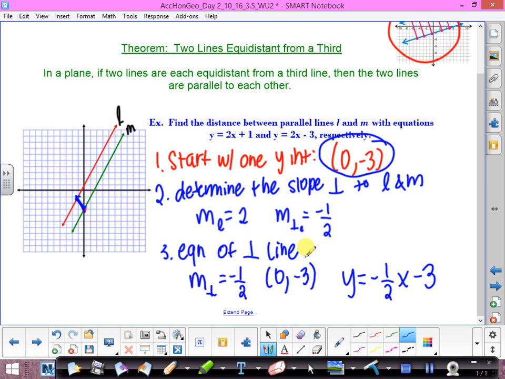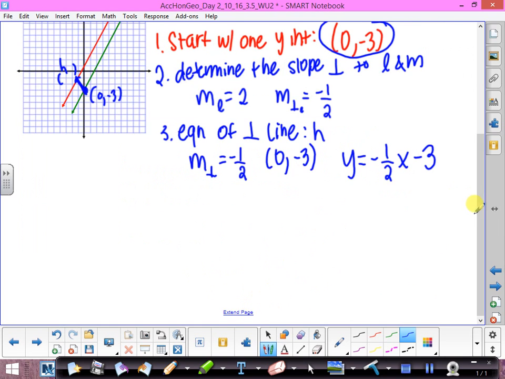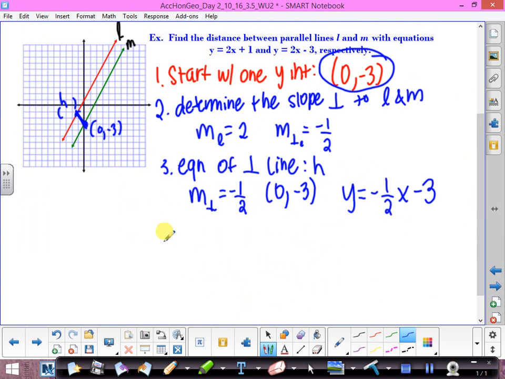Let's give it a name. Let's call it H. So we already know this point is 0, -3. So what I need to do is find the intersection point here so that we can find the distance between those 2 points. So next we need to find the point of intersection between line H and line L.